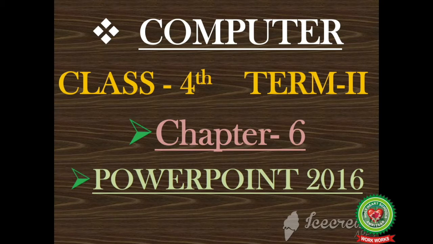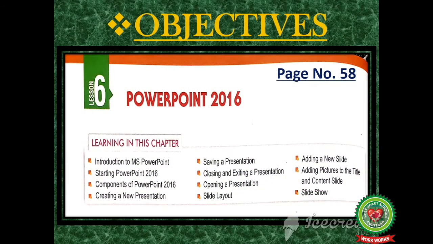Today we will continue with our chapter 6 PowerPoint 2016. So open your computer book at page number 58. Previously we have learnt about creating a new presentation, saving a presentation, closing and exiting a presentation and opening a presentation.